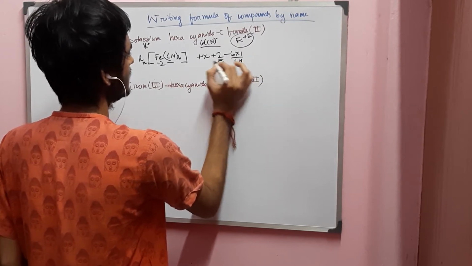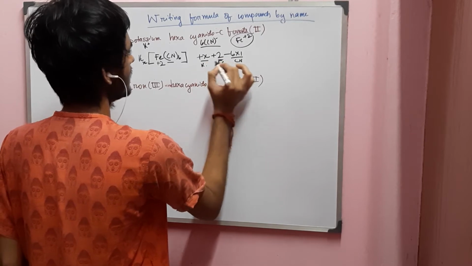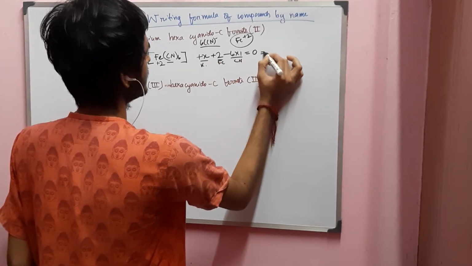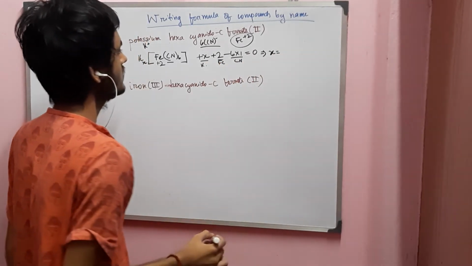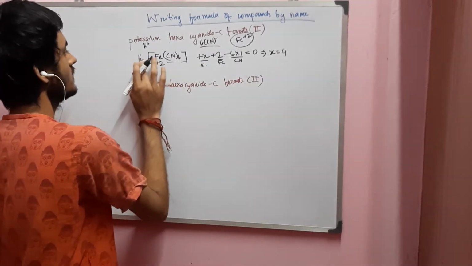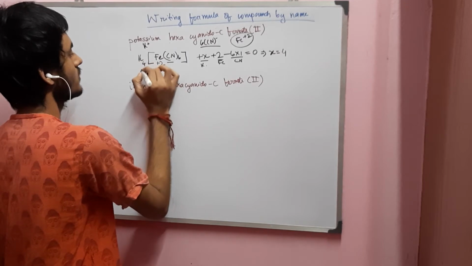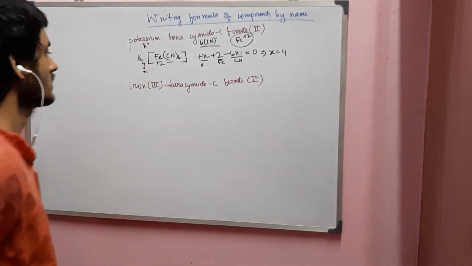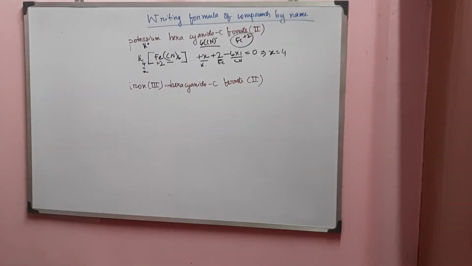The charge of K, the charge of Fe and the charge of CN sum to 0. So x is equal to 4. So this will be K4[Fe(CN)6].